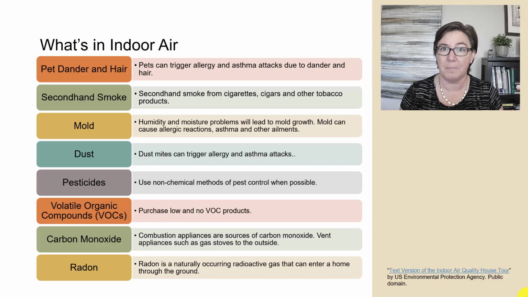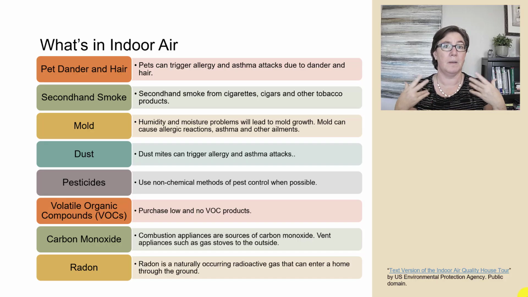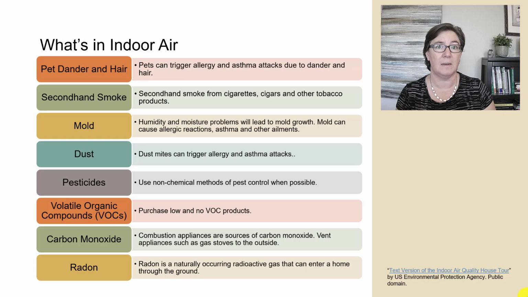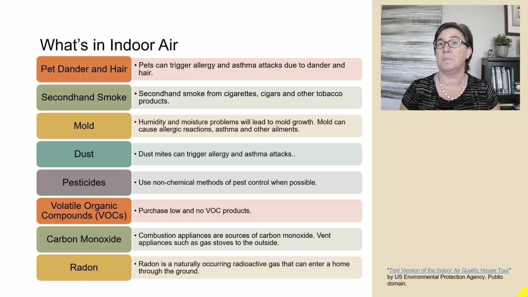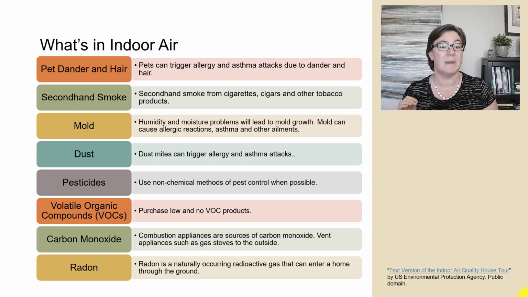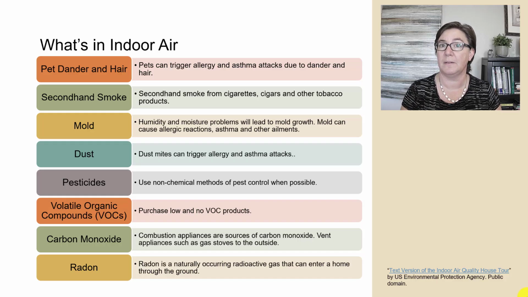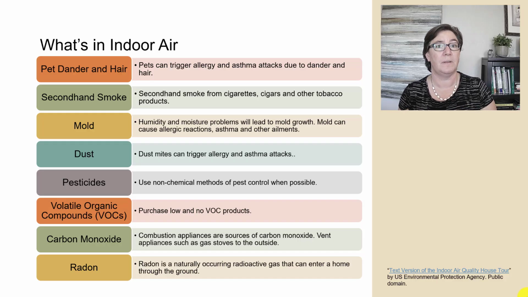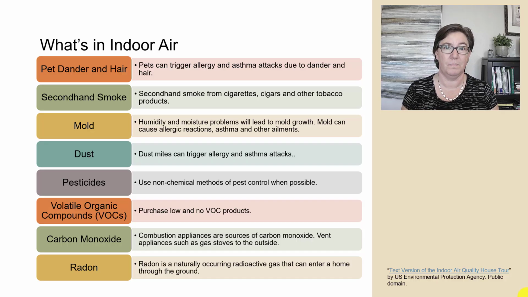Volatile organic compounds are also counted as toxic in our homes. This includes paints, stains, adhesives, and some cleaning products. And then some very important indoor air toxins include carbon monoxide, so we worry about our natural gas equipment. And also radon, which is a naturally occurring gas that can creep into your home.